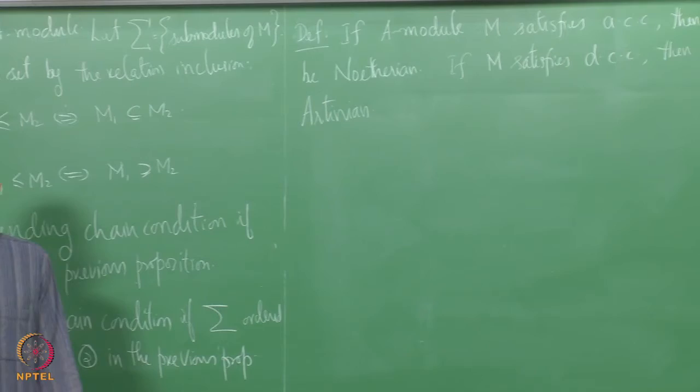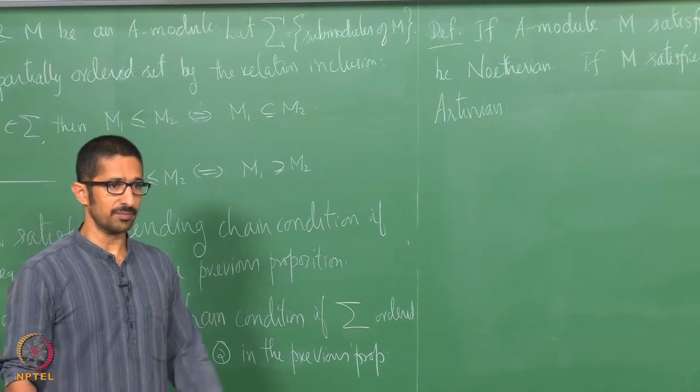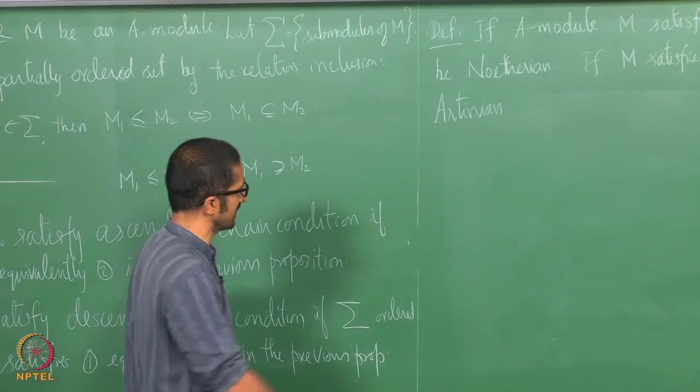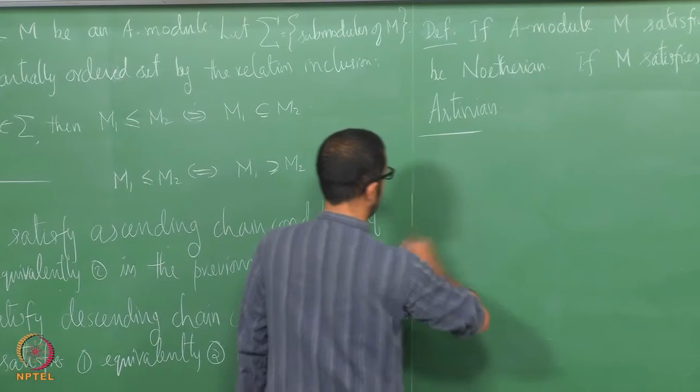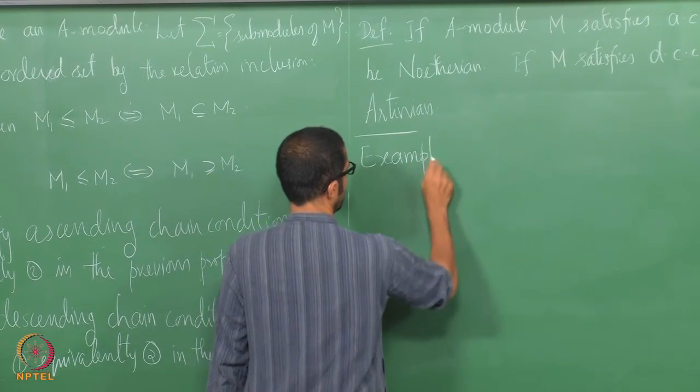A ring is Noetherian if it is a Noetherian module over itself. We will see equivalent conditions and so on.